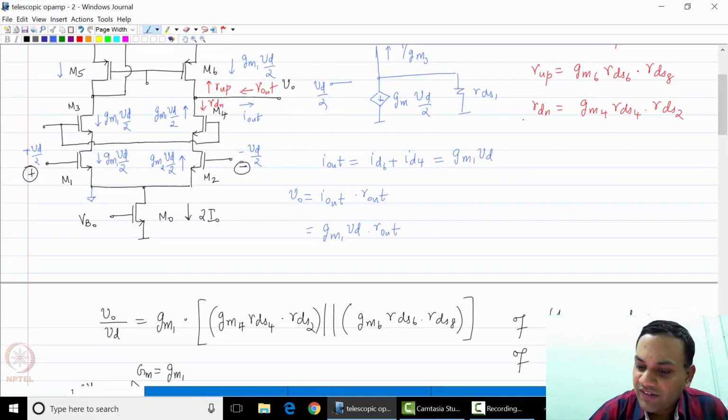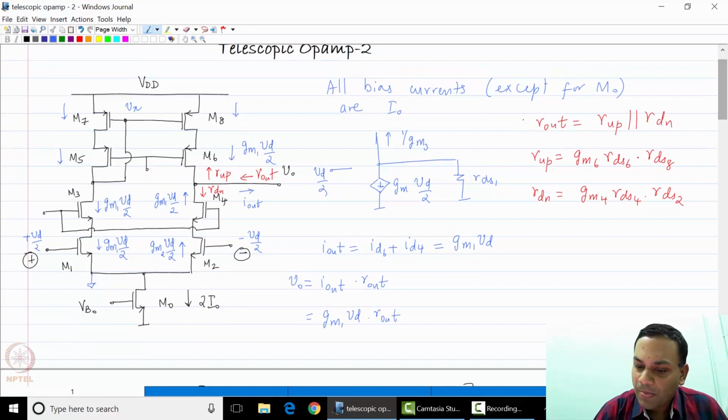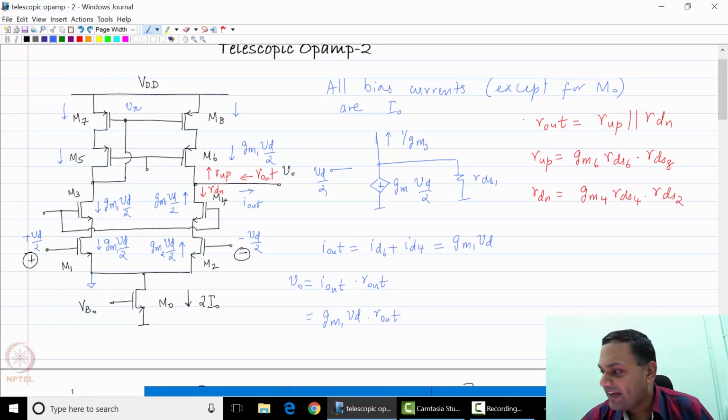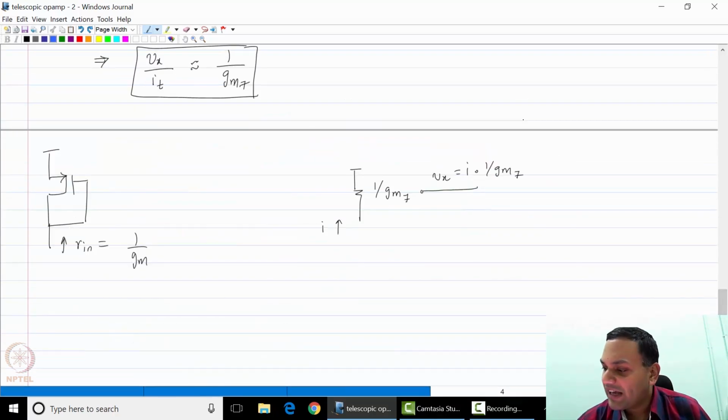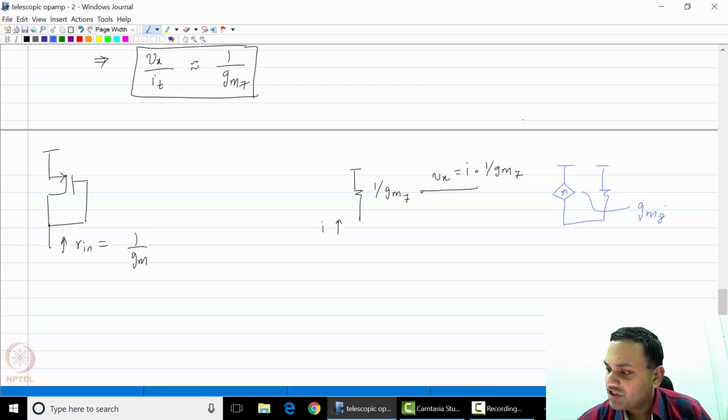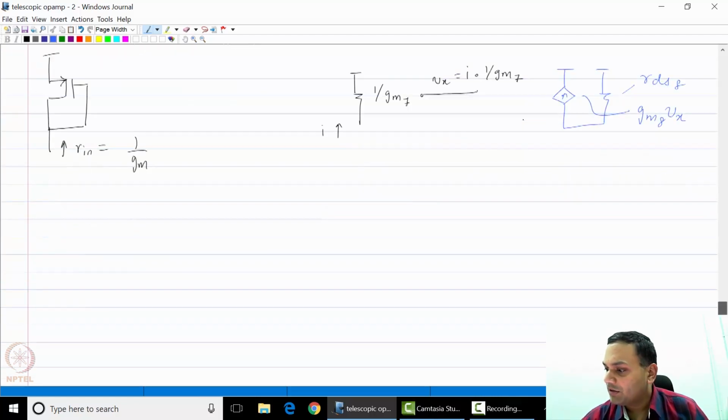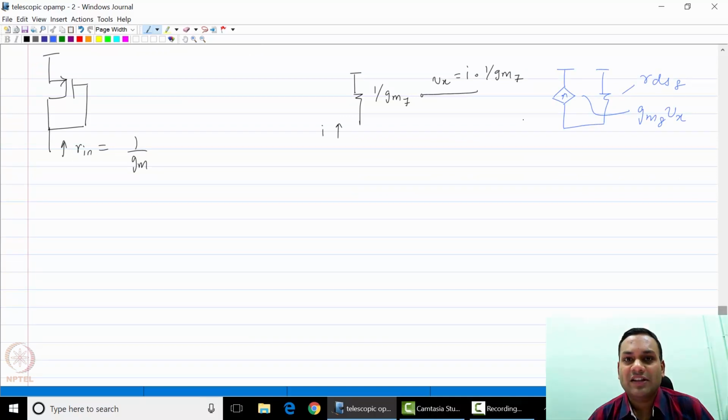Note that this Vx is now connected to the gate of M8, and therefore the current through M8 would be correspondingly gm8 times this voltage Vx. This is RDS8. So now let us complete the rest of the small signal picture while keeping this in mind.